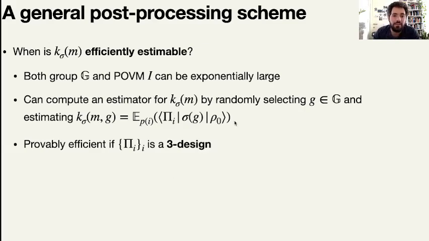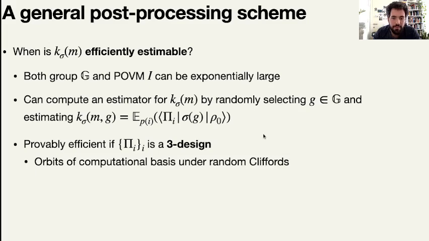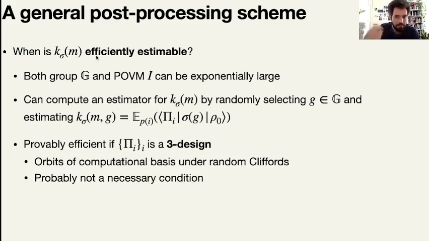But it turns out that if you assume that your POVM is a 3-design, and this is a bit of a weird technical condition, but that's what we could prove it under, then this K of M is actually an efficiently estimable thing. The reason for this is essentially that you can use Weingarten calculus to cancel the dimensional factors.